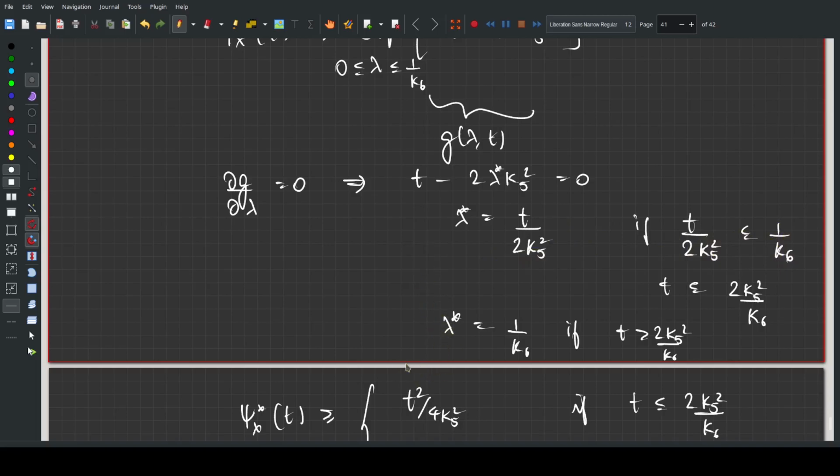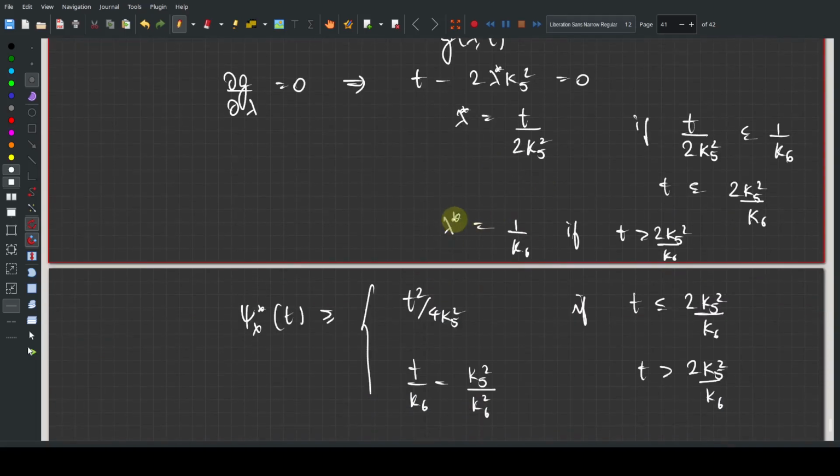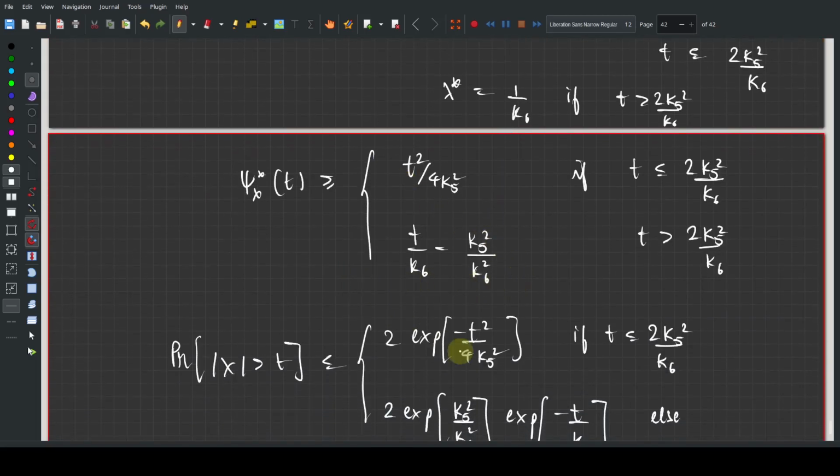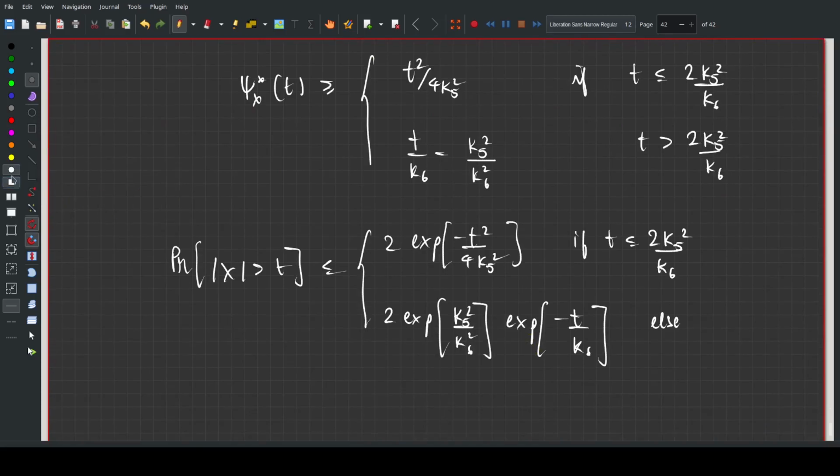But then I can always plug in 1 over k6 and it's still going to give me an upper bound. So in fact, this bound is true for all t greater than or equal to 0. But then if t is less than or equal to 2 k phi square by k6, then this is a better bound.